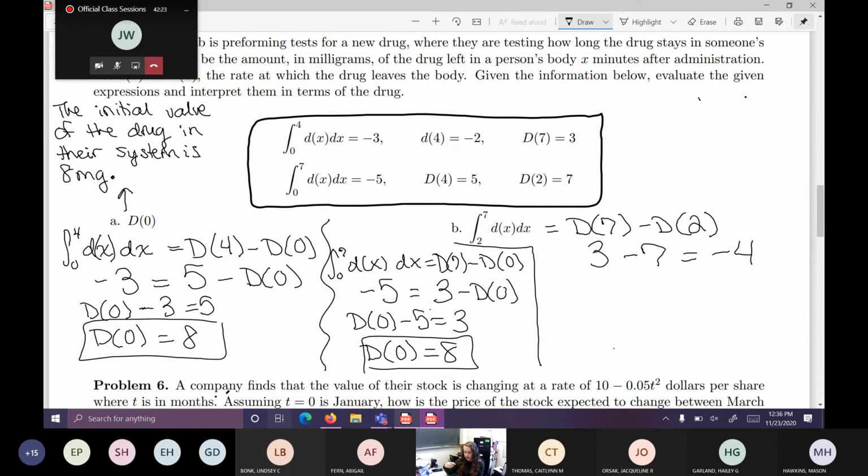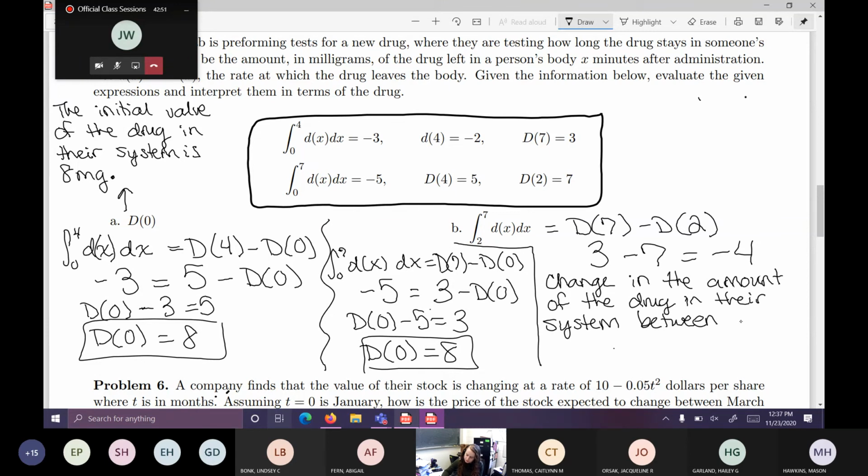So if I want to do it in the cookie cutter phrasing, I would say the change in the amount of the drug in the system between the 2nd and 7th minute is -4 milligrams.